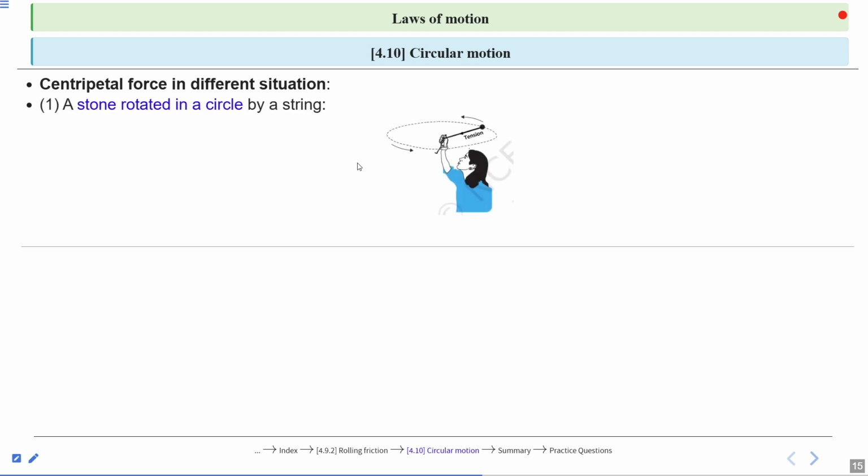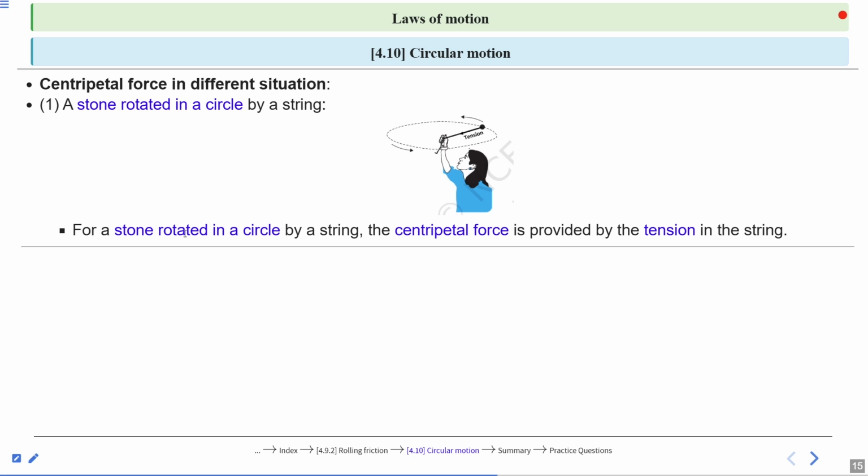First is a stone rotated in a circle by a string. Look at the figure. We have a stone attached with a string and rotating like this. When we rotate a stone, there is a tension that acts towards the center.